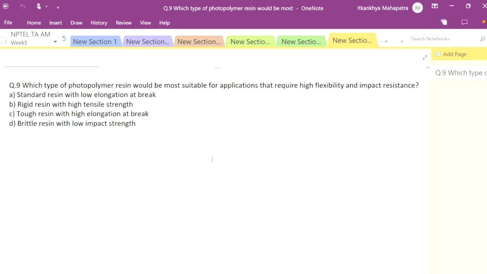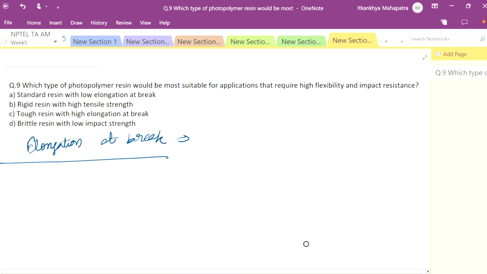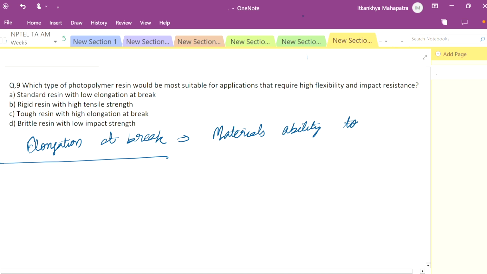Now, elongation at break is a material's ability to stretch before it breaks.